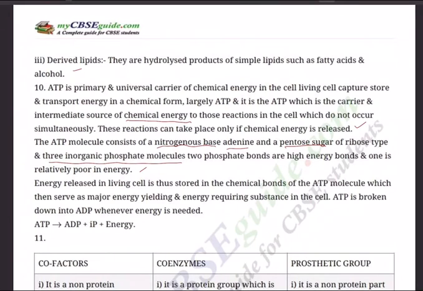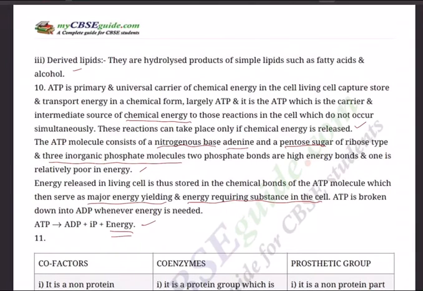Energy released in the living cell is thus stored in the chemical bonds of the ATP molecule, which then serves as the major energy yielding and energy requiring substance in the cell. ATP is broken down into ADP whenever energy is needed.